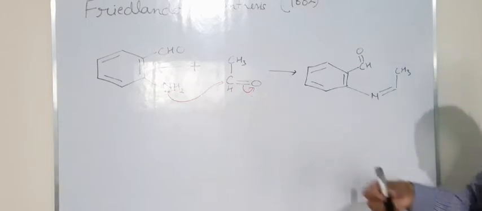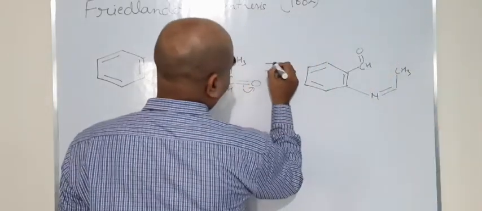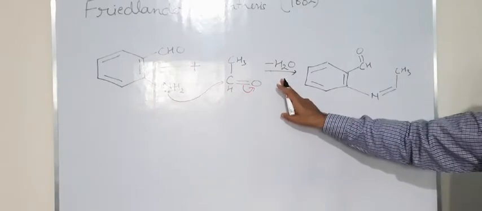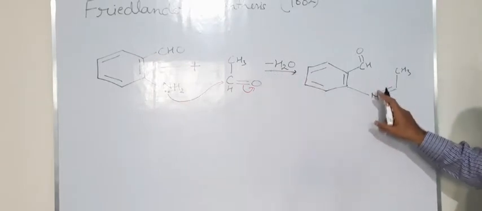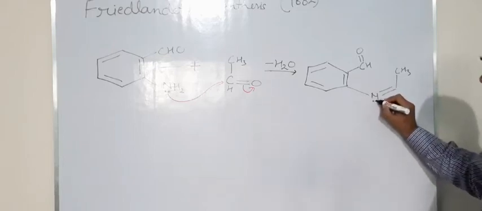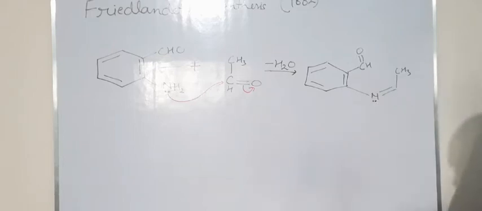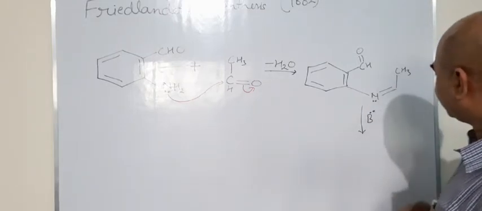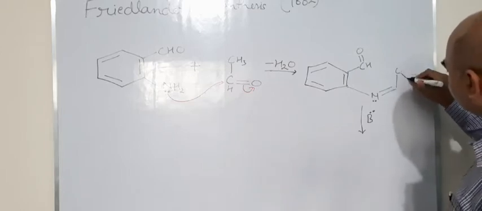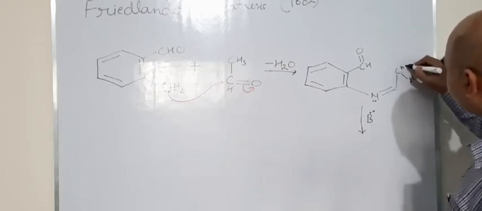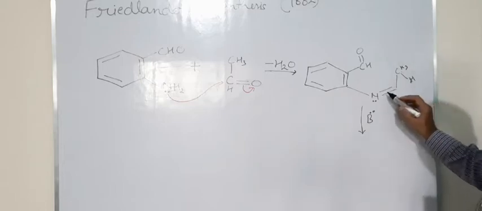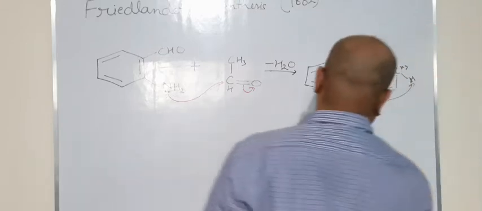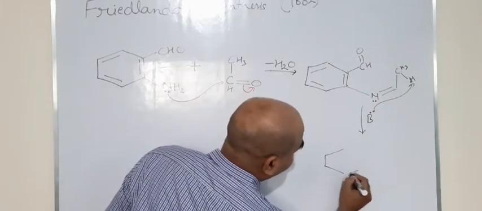Minus H2O, removal of the water molecule, and after removal of this water molecule it will form the imine. Now the role of base comes into the picture. We have the base and we have this CH3, and due to the presence of this imine, it will abstract the proton and generate an anion.